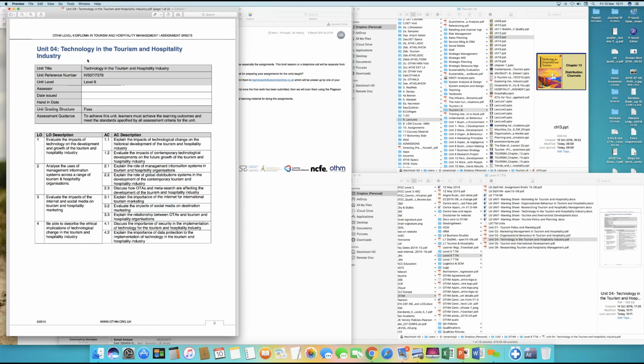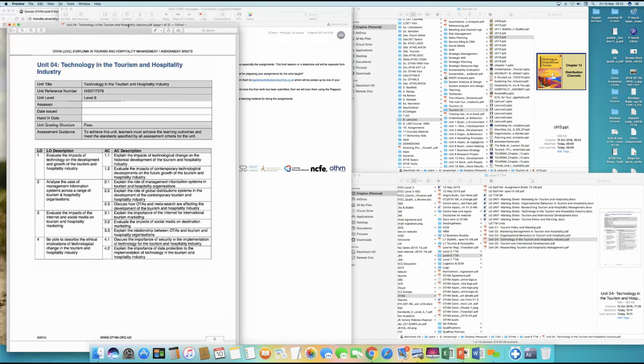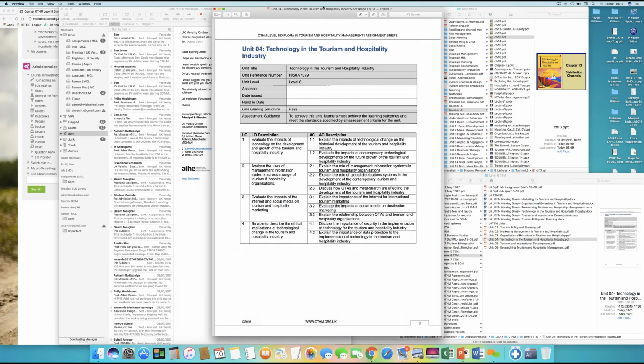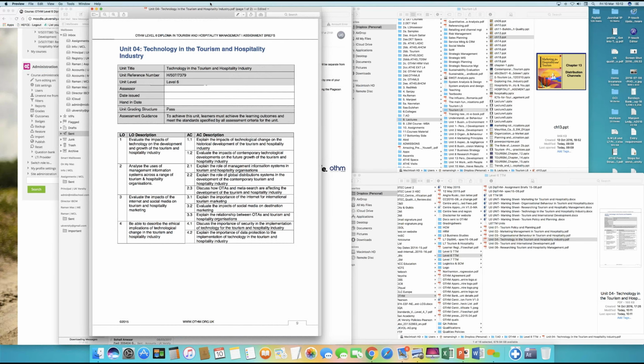And the other thing I would encourage you to do is, if you're struggling to write the assignment, search on the internet right now and try and cut and paste that task into the assignment brief. For example, this is a direct task.